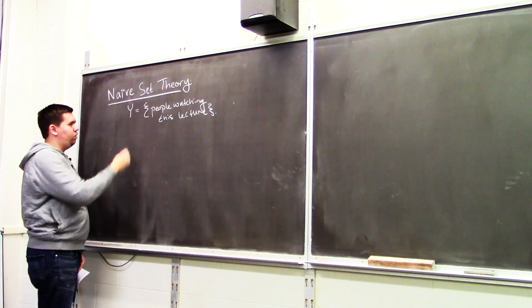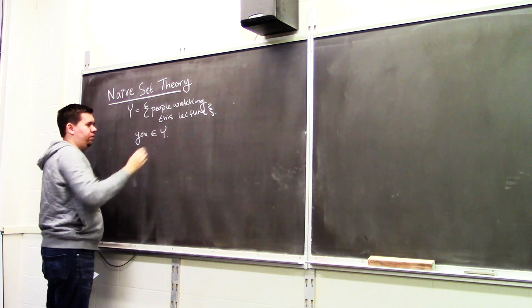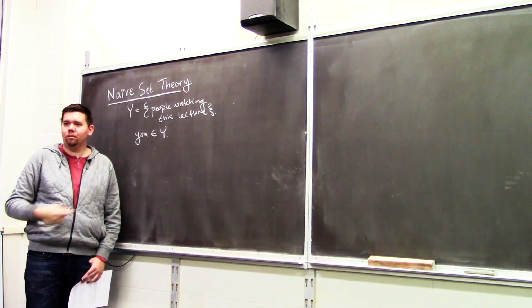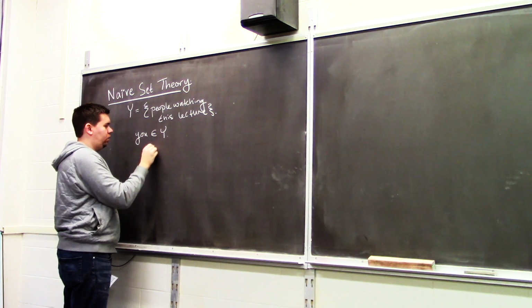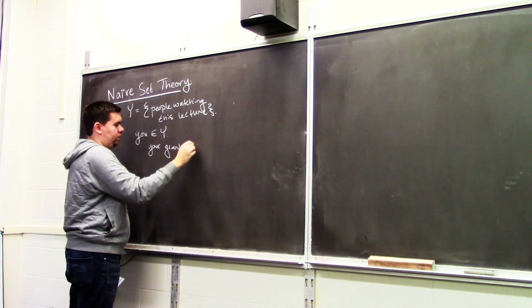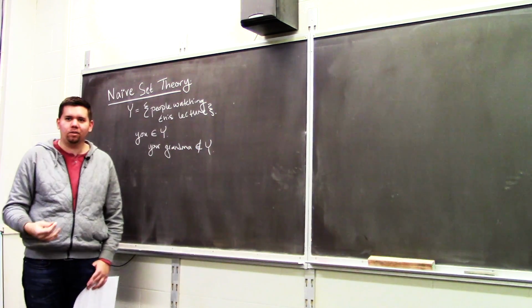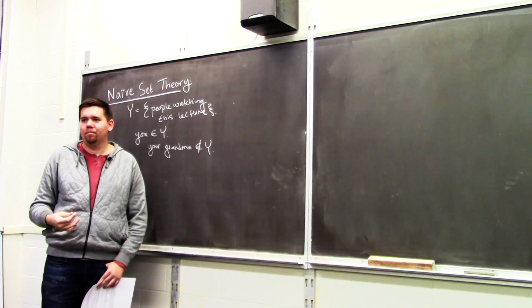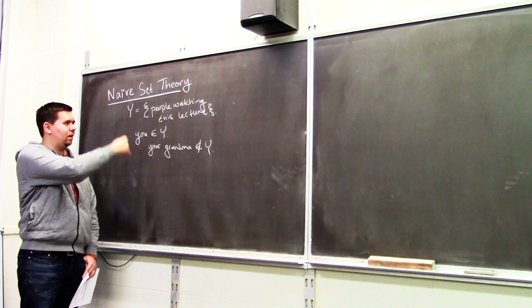And right now, you would be an element of the set because you're watching this lecture. But most likely, your grandma is probably not an element of the set because she's probably not watching this lecture right now. Possibly, conceivably, but probably not. So that's what a set is.